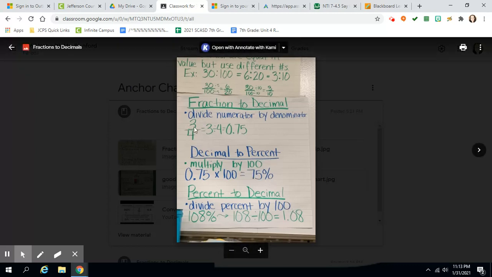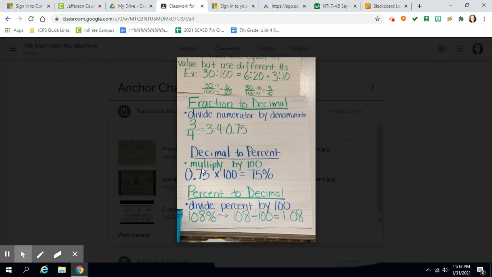We can change it to a decimal and then multiply the decimal by 100. Some people like to just move the decimal over twice instead of multiplying by 100. So they would say, look, we can go once, twice, and 0.75 turns into 75.